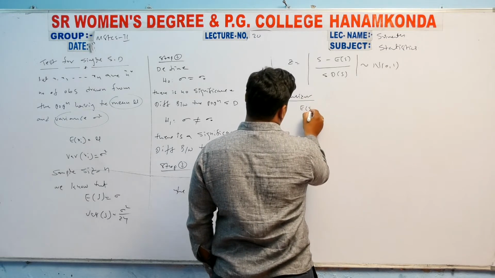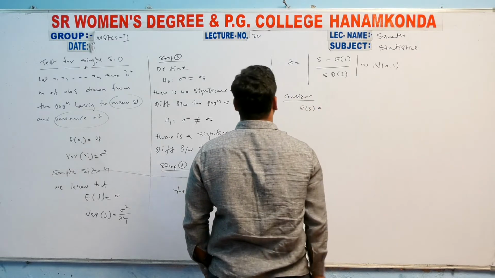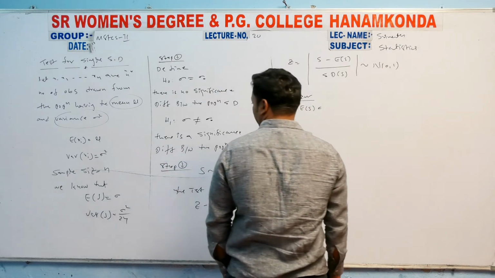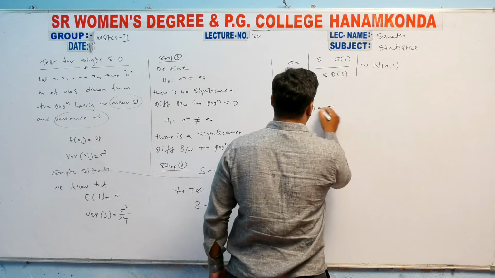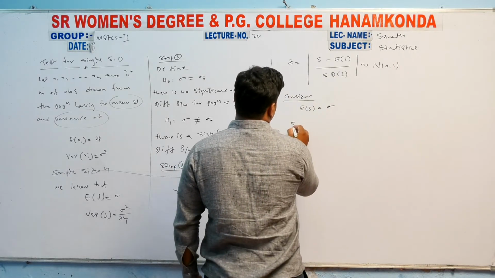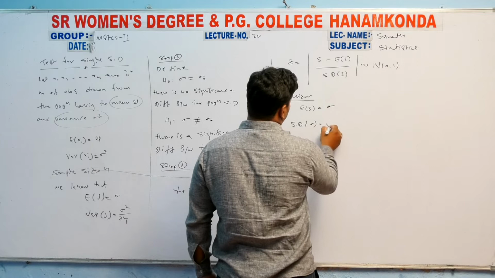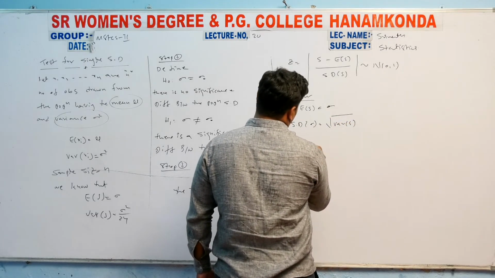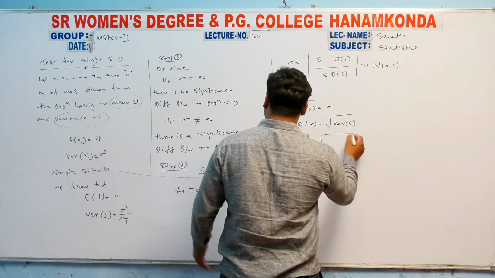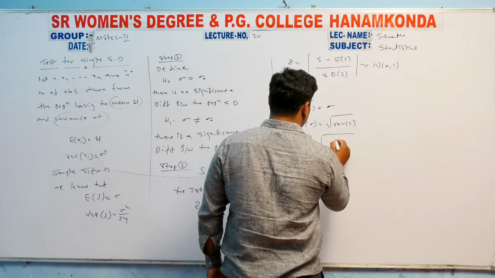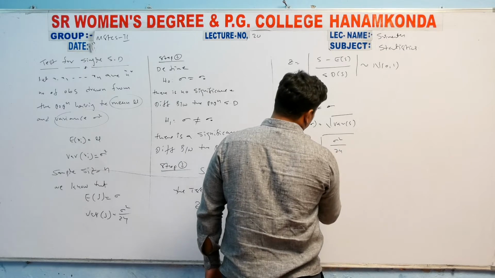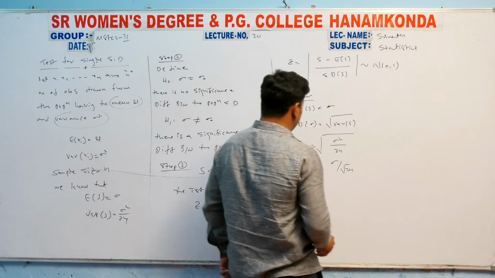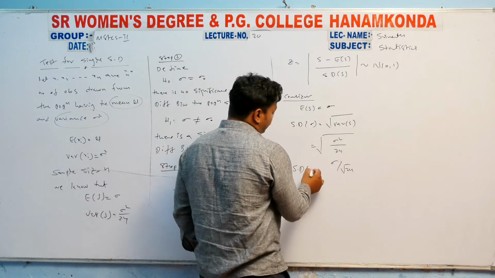Expectation of S is sigma, and standard deviation of S is the under root of variance of S, under root of sigma square by 2n, that is, sigma by under root of 2n.